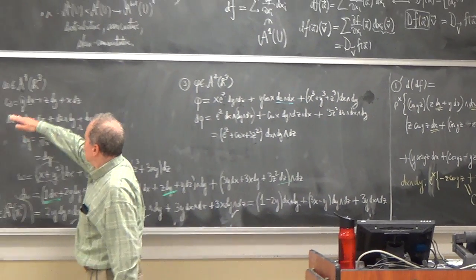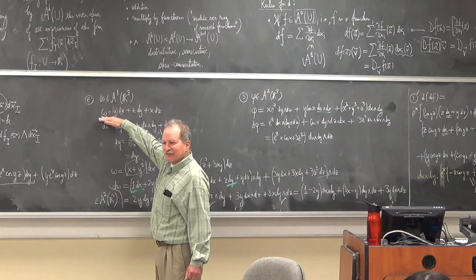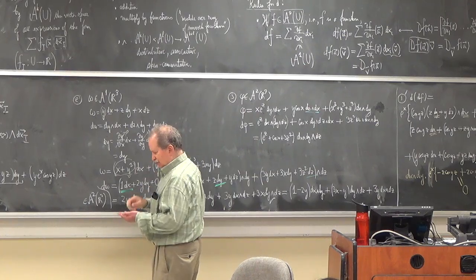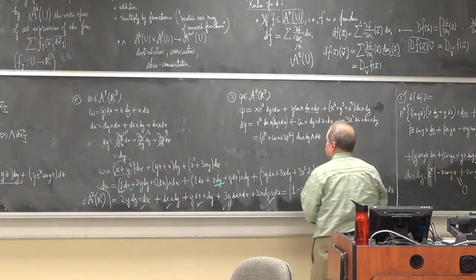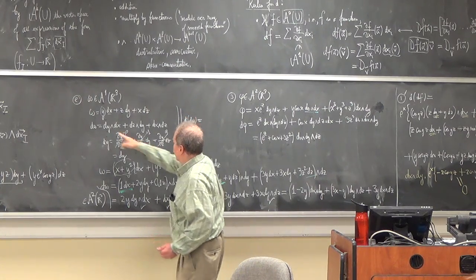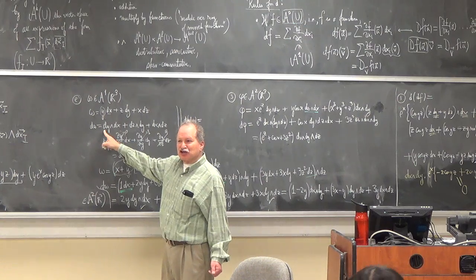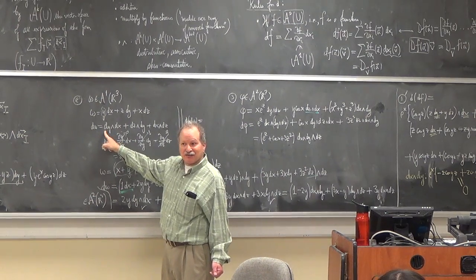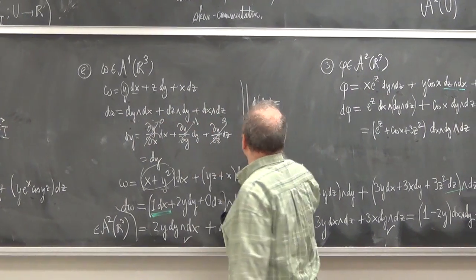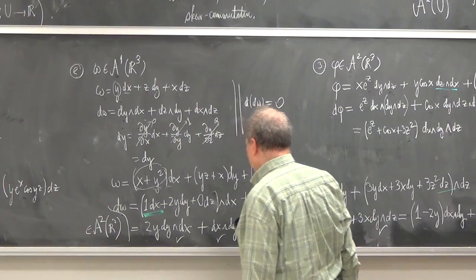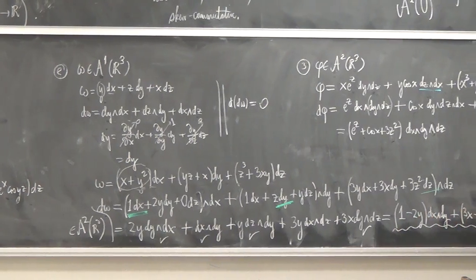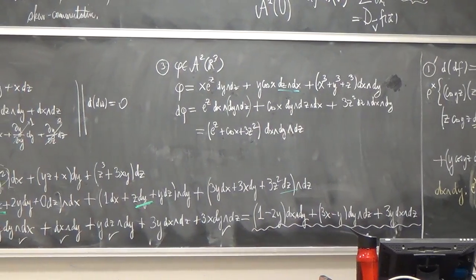If I took this omega, we took d of it. What's the coefficient function in front of the wedge of dx's? 1. What's the derivative of 1? 0. So what's d of this? All 0. So d of d omega is 0. What's d of this? I'm assuming 0.